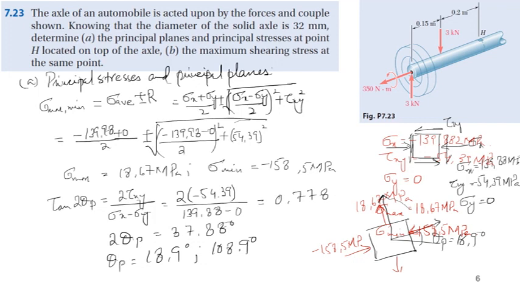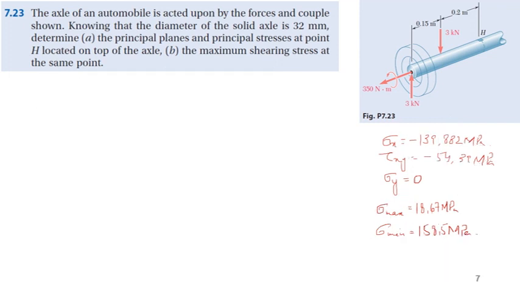Okay. Now the second part is we have to find the maximum shearing stress at the same point. So let's see how to calculate. Okay, now let's calculate the maximum shearing stress at that same point. The state of stress is given. We already calculated it due to loading.